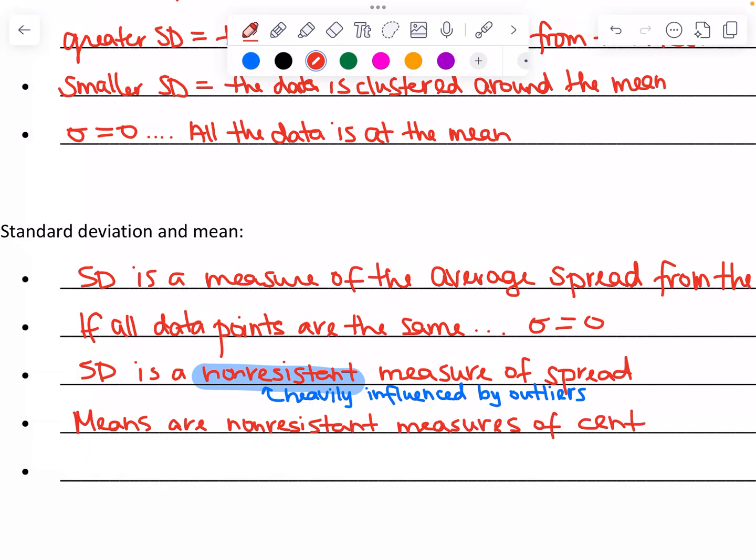Okay, and then something else that's important about standard deviation and mean: don't forget to always connect these two ideas to the context.